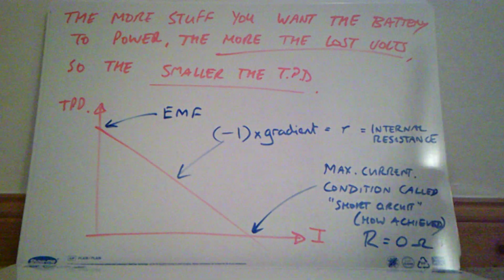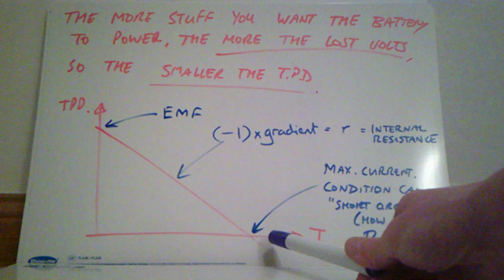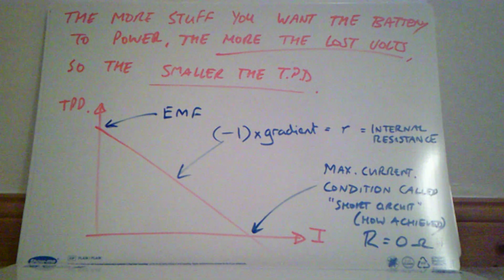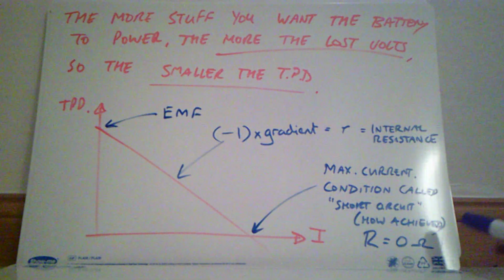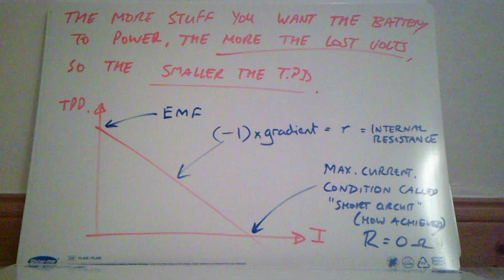So normally you can't actually read that off the graph, so if the question asks you for short circuit current, then you use the formula which was on the previous slide, but you stick in capital R equals 0 ohms.